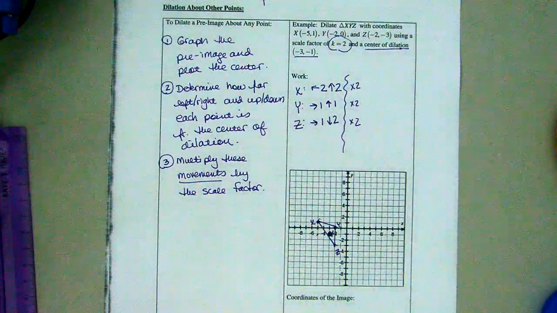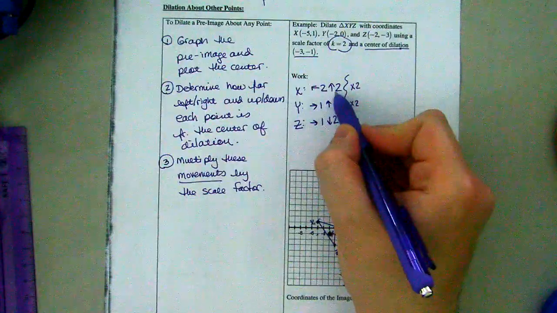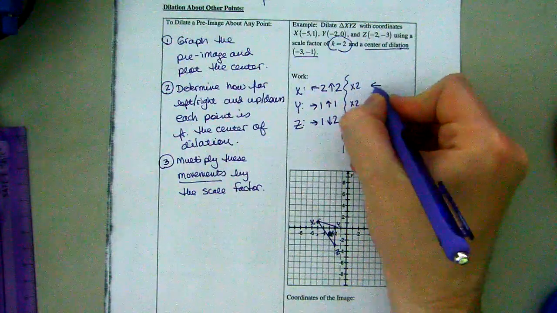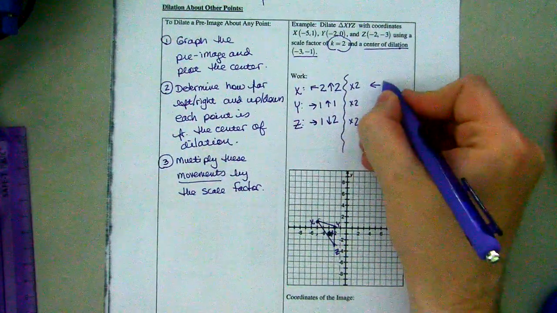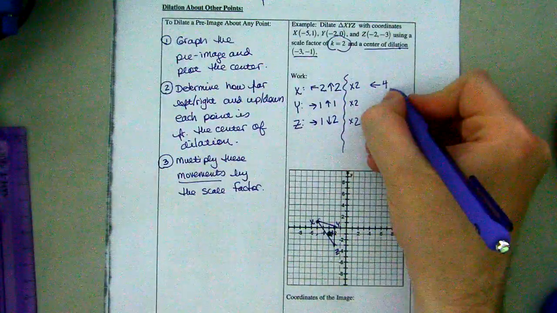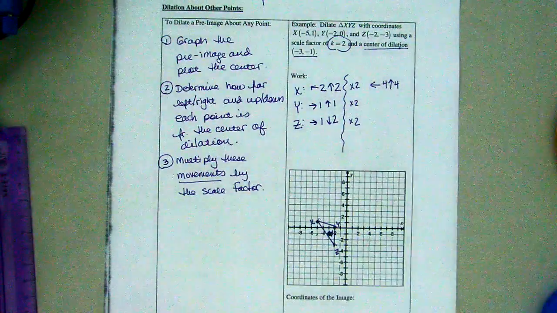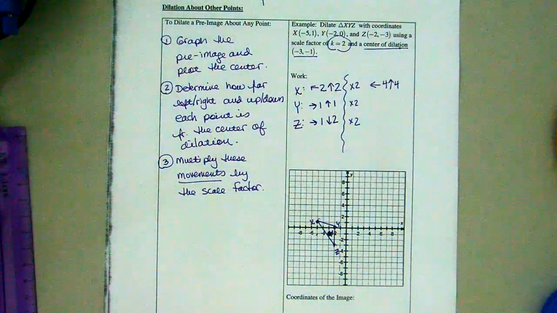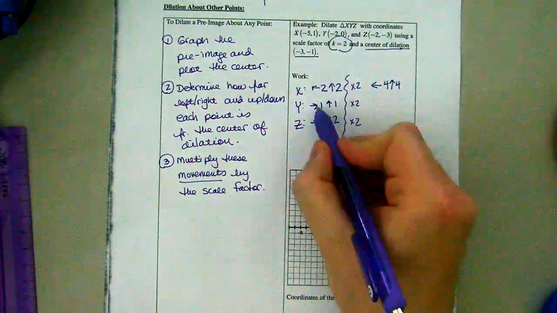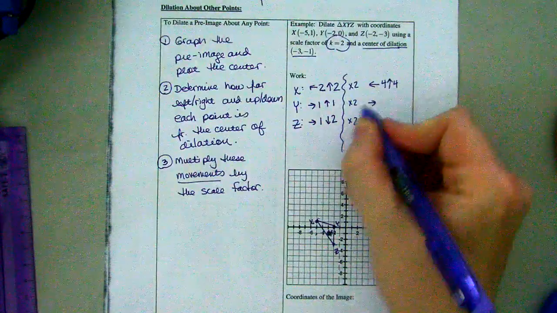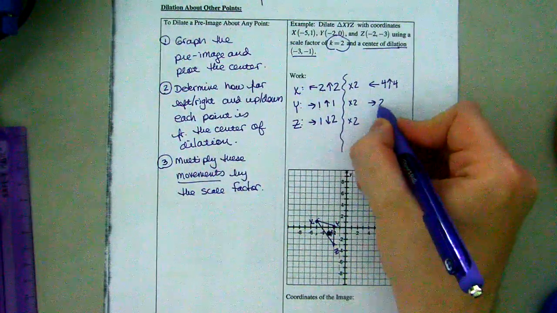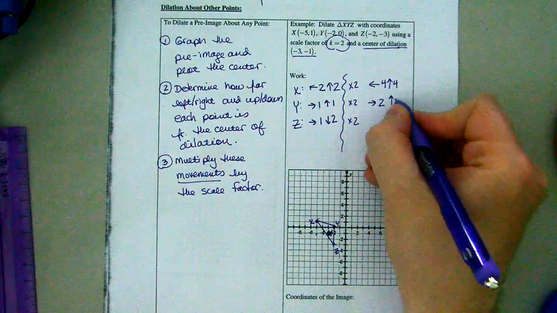What I mean by that is left 2 up 2 becomes left 2 times 2, 4, and up 2 times 2, 4. Right 1 up 1 becomes right 1 times 2, 2, up 1 times 2, 2.